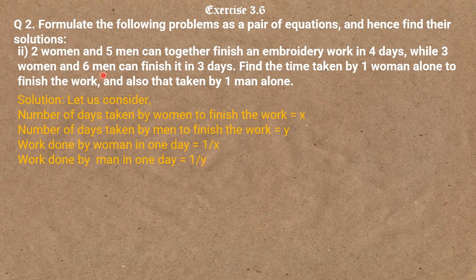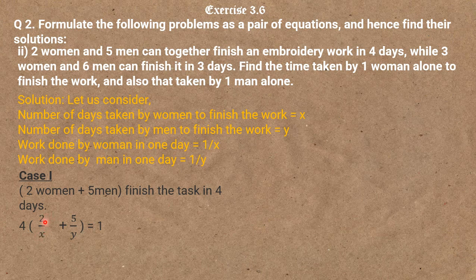Now according to the first situation, two women and five men are doing the work and completing it in 4 days. So here we have case 1: two women plus five men finish the task in 4 days. 1 upon x is the work done by a woman, and 1 upon y is the work done by a man in 1 day.